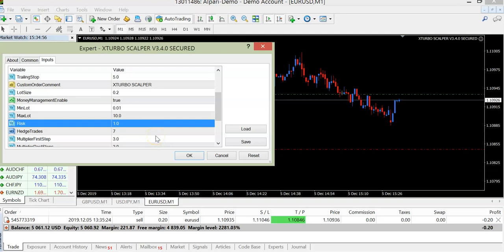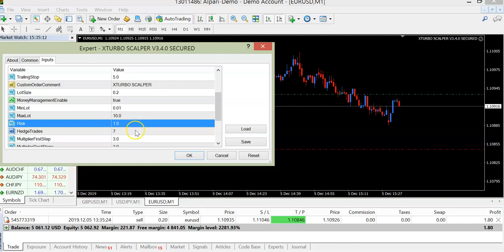Please consider what your balance is and how many pairs you are using in making the risk decision. In my opinion, up to 3% is really enough. So you can have one pair, let's say Euro USD, with 3%, and that's enough, or 3 pairs with 1% each.